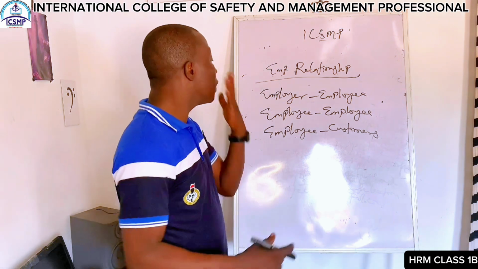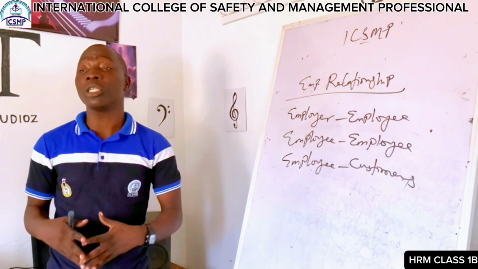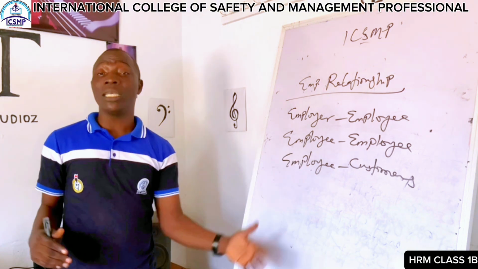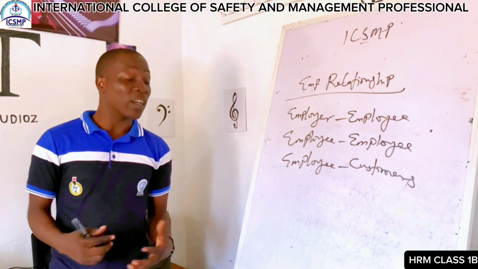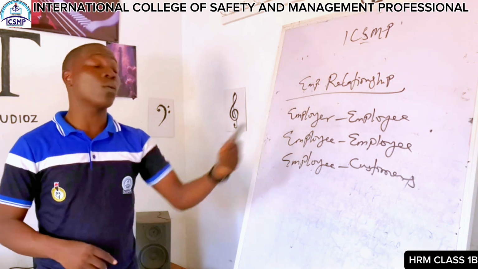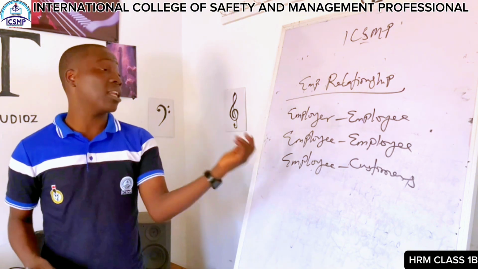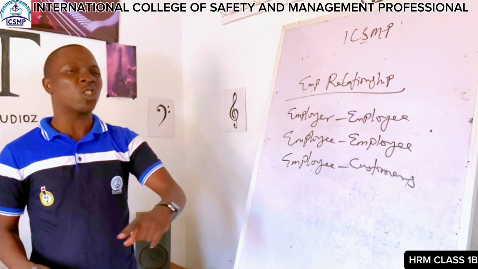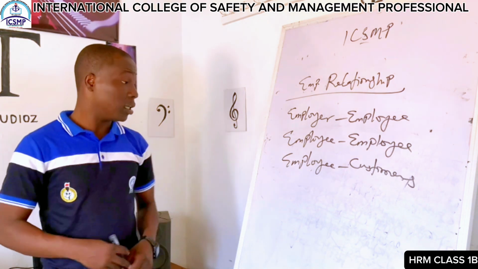So the employee must make sure there is a cordial relationship with the customers, to enhance effectiveness. Don't forget, the customers are bringing in money to the organization. If they are not well treated, they may not come back, and that has a resultant effect on the organization.